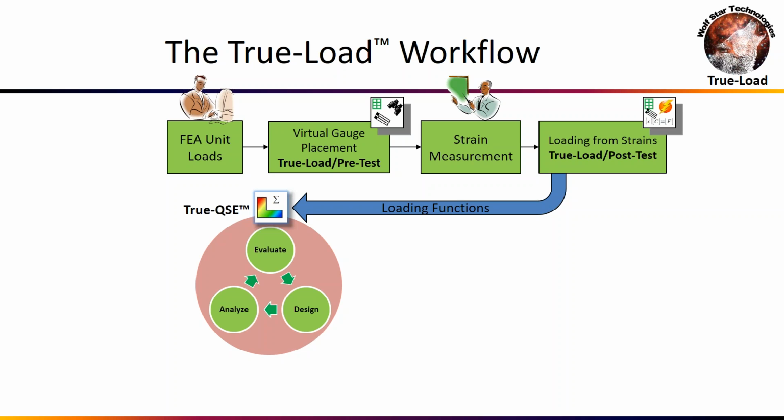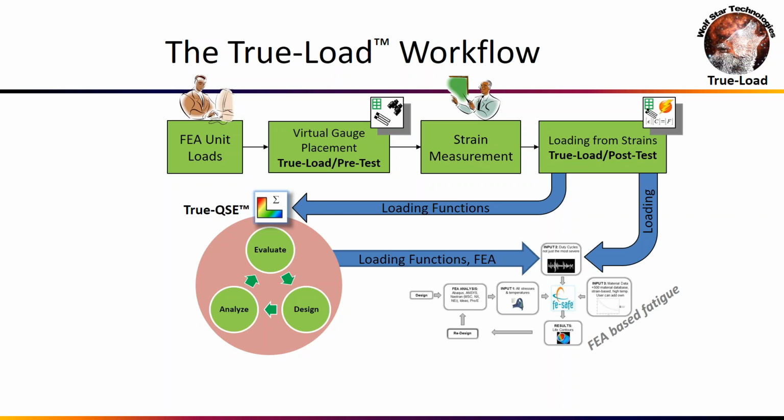So I highly recommend you use TrueQSE. You don't have to. You can use your manual FEA techniques if you'd like. And then now that we've got loads, now we can go off with tools like FE-Safe and do fatigue analysis as well. So now you can do design and optimization with fatigue software as well, and understand the durability of your parts now.